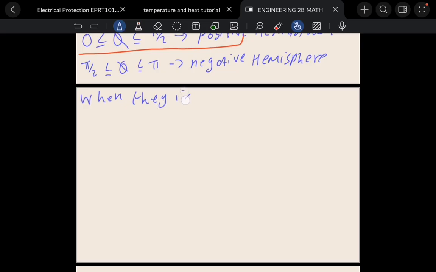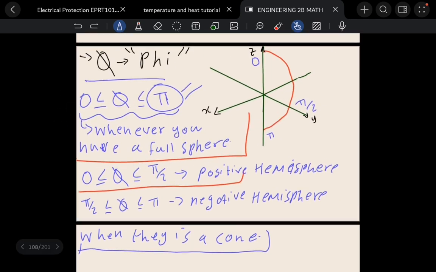And then when there is a cone. Now, this one is quite challenging, but I'm going to walk you through the process.